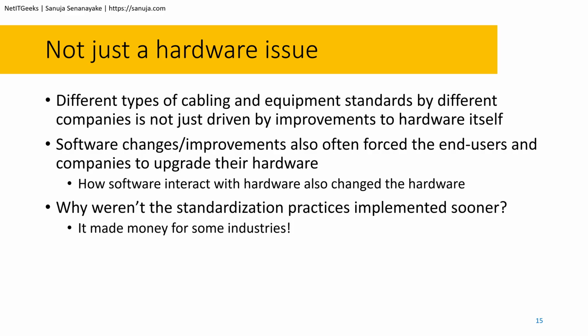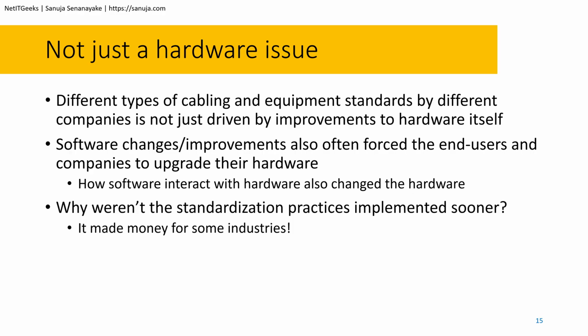Why weren't standardization practices implemented sooner? At this point, one of the major reasons is that it made money for some industries. For example, if you are IBM, you can sell IBM proprietary equipment, IBM proprietary software, IBM proprietary cabling, IBM proprietary everything, and that makes money for IBM.